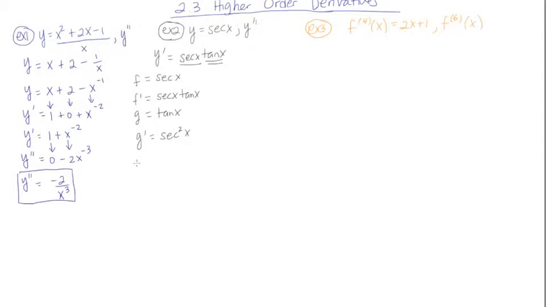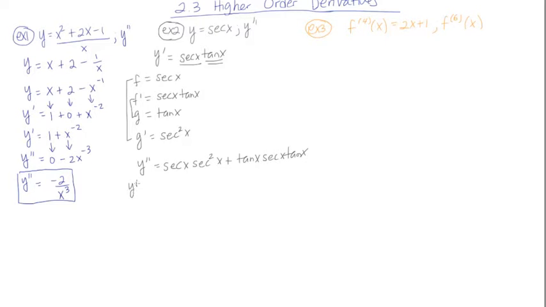Now, according to the product rule, to figure out the derivative when there's a product involved, it involves the formula: first times the derivative of the second, plus the second times the derivative of the first.